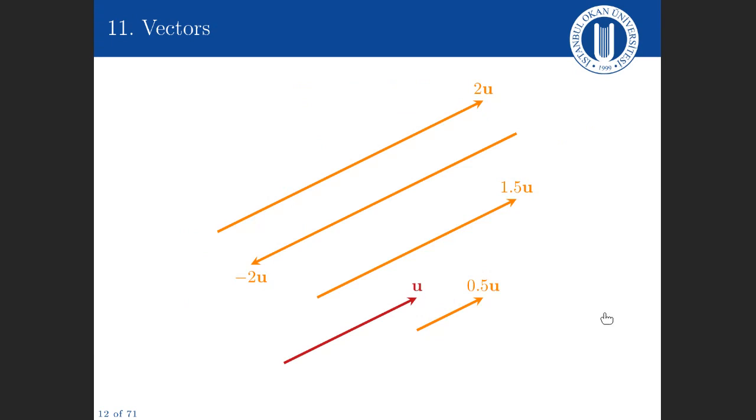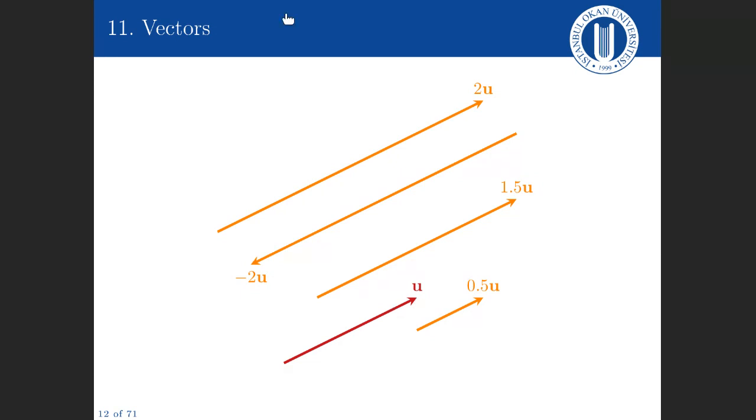We can multiply a vector by a number. Let's suppose we start with the red vector u, and then we multiply by a number. For example, 2u. 2u points in the same direction as u, but the length of 2u is double the length of u. 0.5u points in the same direction as u, but the length is half that of u.